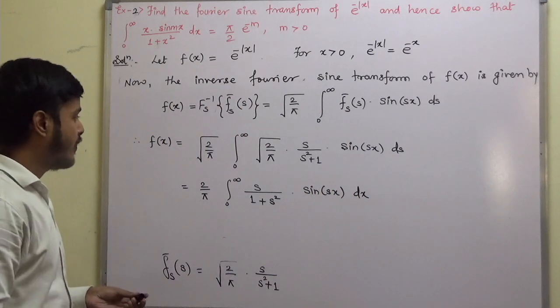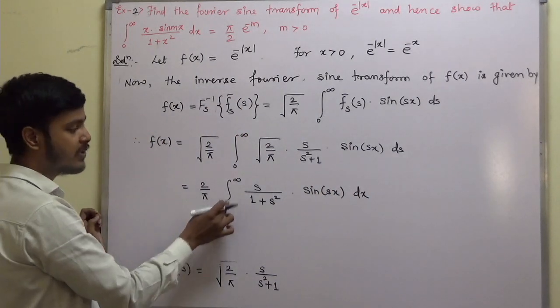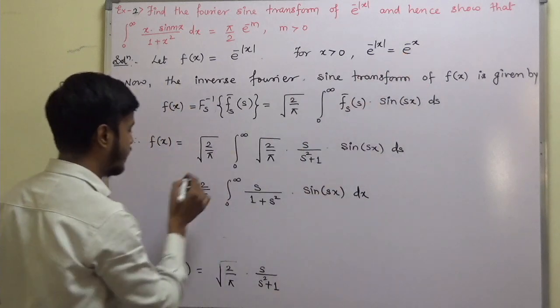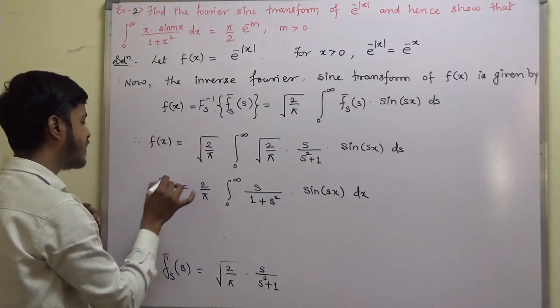Simple. Okay, what is my f of x? In 0 to infinity, my f of x is e to the power minus x.